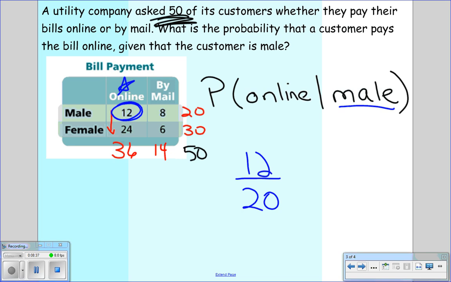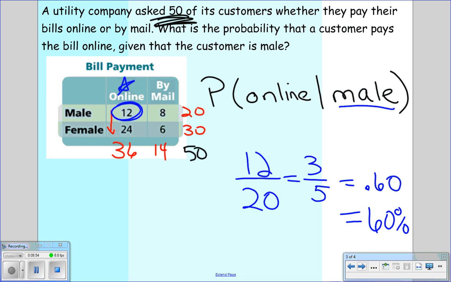We're not including those females. That reduces to 3/5, which as a decimal is 0.60, and as a percentage is 60%. So again, 3 different ways to write it: as a fraction, as a decimal, and as a percentage.